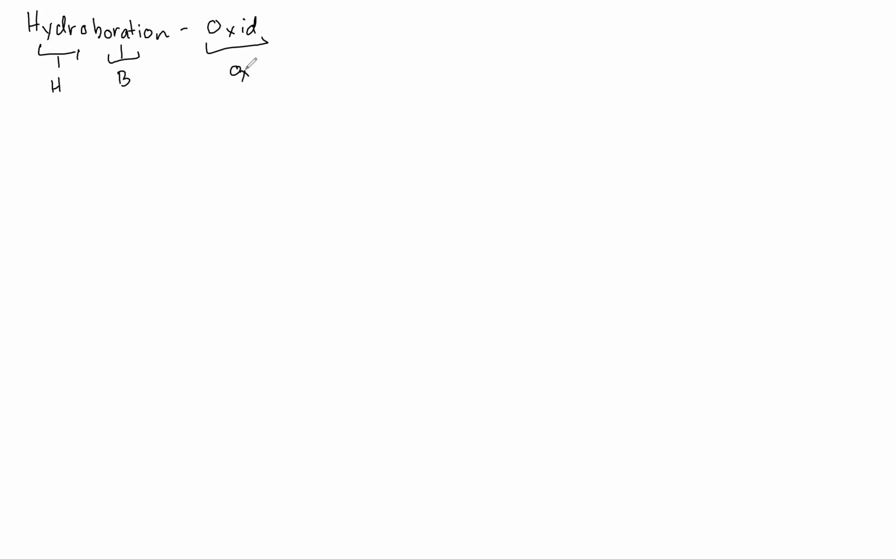Oxidation in organic chemistry generally means that we're increasing the number of carbon-oxygen or carbon-halogen bonds. But we won't really have to worry about that too much until we get to the oxidation reduction chapter.